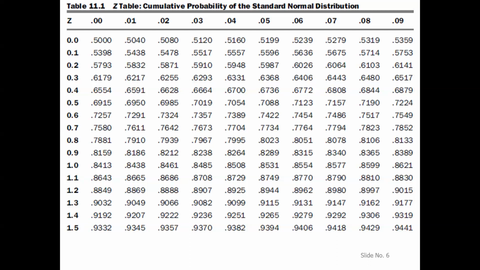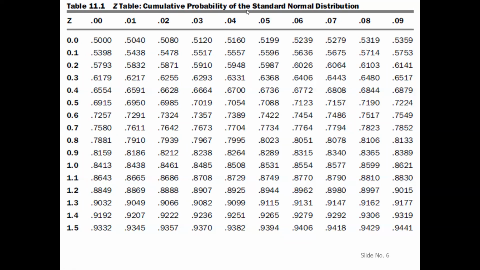This PERT uses these tables, which are the cumulative probability distribution tables. We can even use Microsoft Excel to directly calculate these values, but we can also use the table. So there are two ways: one is Microsoft Excel, and the other is the table. In this example, we will use these tables.